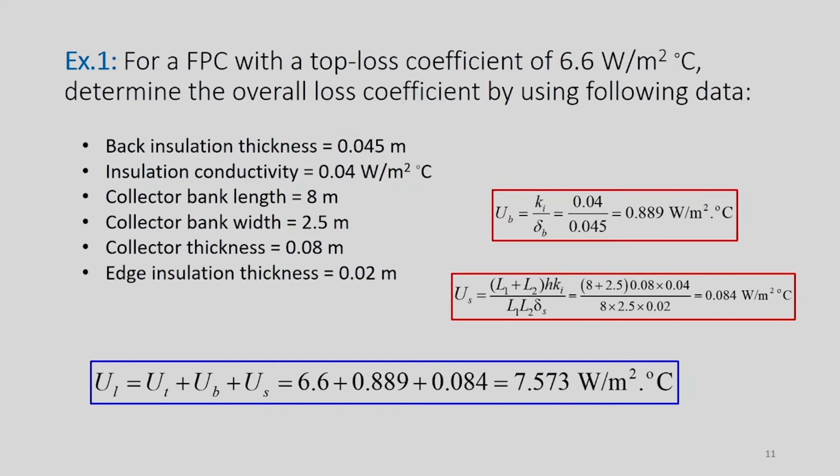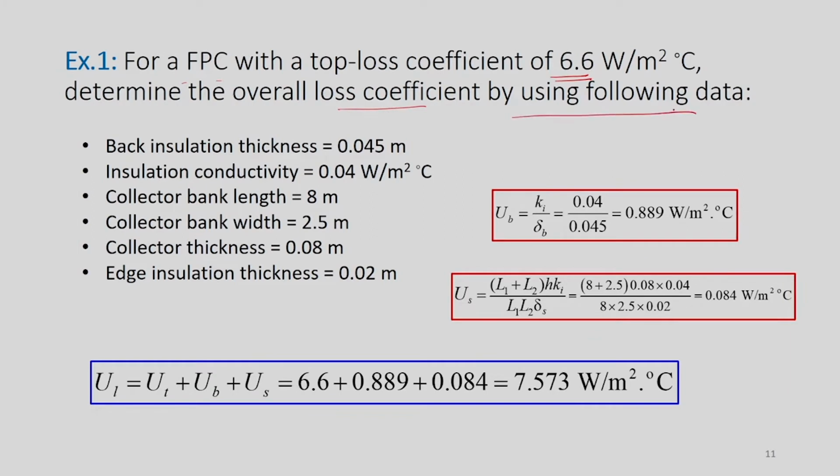Now, let us take a very small problem. For a flat plate collector with a top loss coefficient of 6.6 watt per meter square per degree Celsius, we want to determine the overall loss coefficient using the following data.